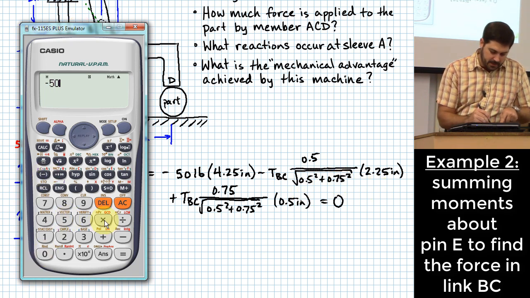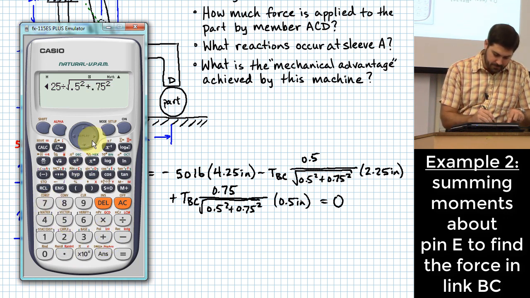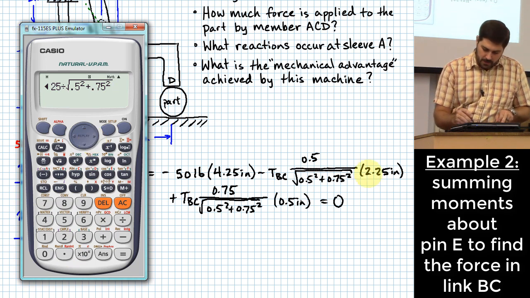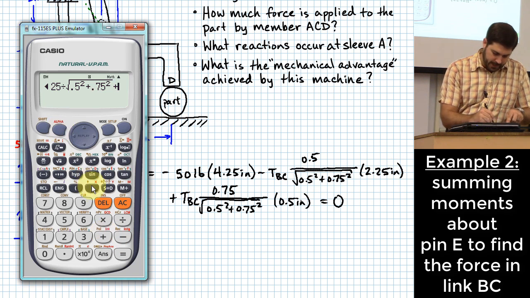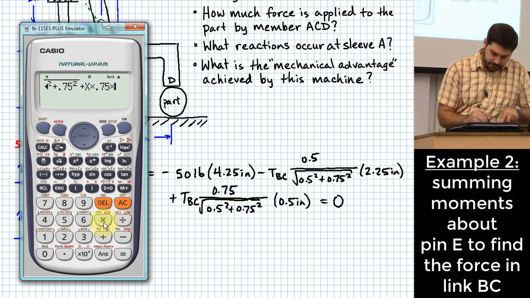So minus 50 times 4.25, minus x, rather than TBC, times 0.5 times 2.25 divided by the square root of 0.5 squared plus 0.75 squared, plus x, the variable I'm trying to solve for, times 0.75 times 0.5 divided by the square root of 0.5 squared plus 0.75 squared.